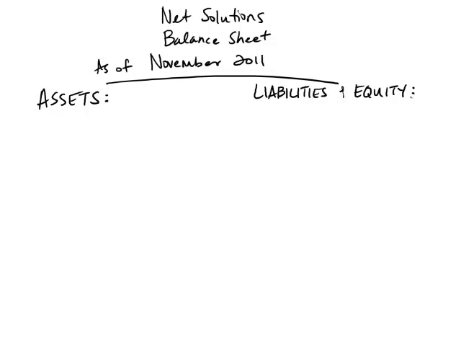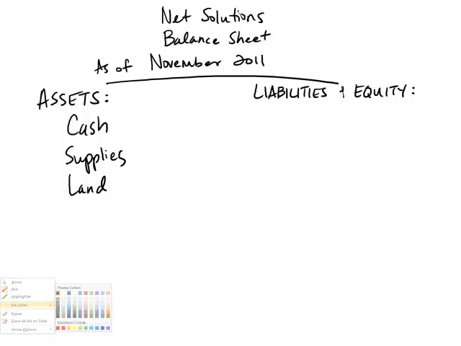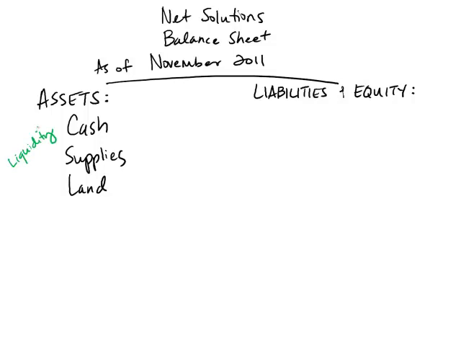The assets, he had 3 assets. He had cash, supplies, and land. And by the way, these are listed in order of liquidity. What does liquidity mean? What does liquid mean? Liquidated. What does that mean? Used or sold, turned into cash.